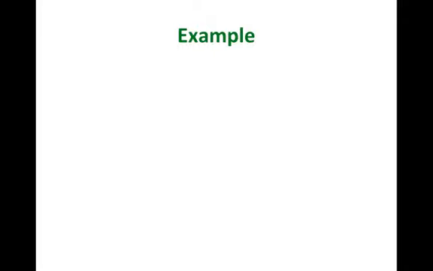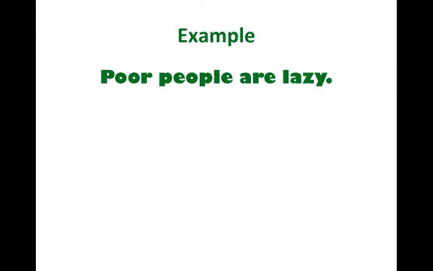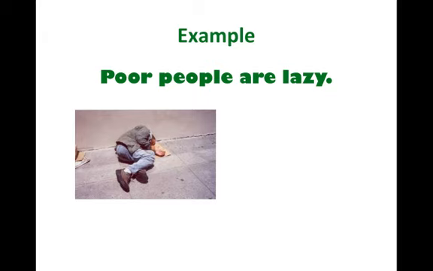So let me give you a simple example of subtext. We can look at this simple statement, poor people are lazy. And here in this image you'll see a poor person without a job laying on the ground, and it's easy to interpret that this person may be lazy. He should be out working. But that's not the point of a subtext.